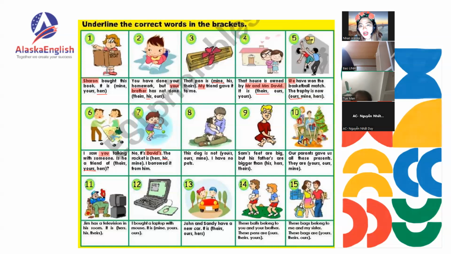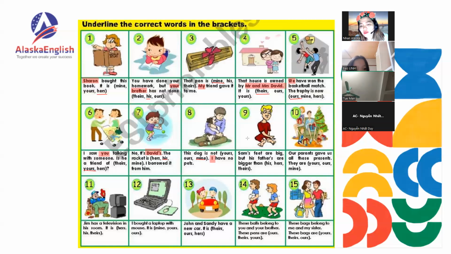Okay, good. How about number eight? Let's hear it from Baoling. This dog is not mine. Good. I have no pet.